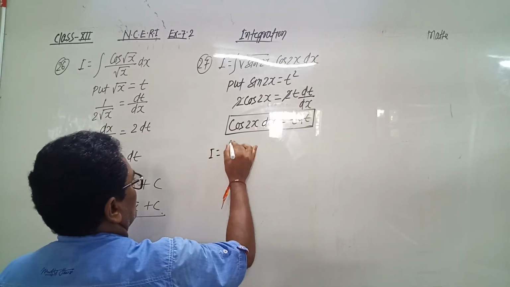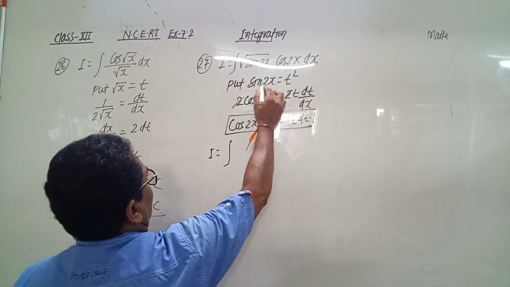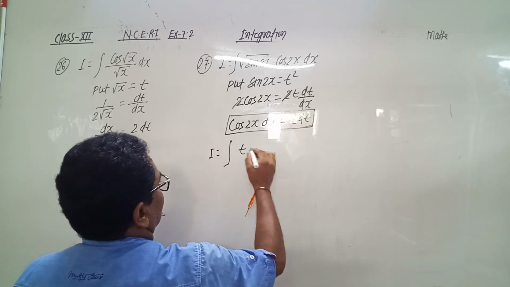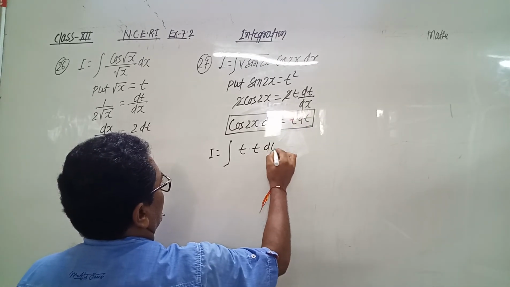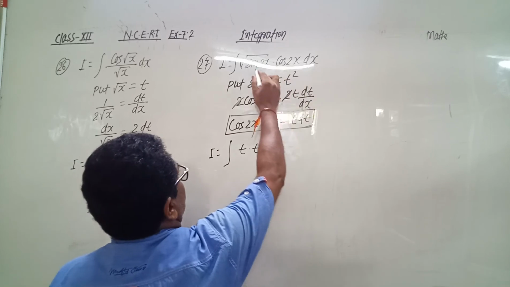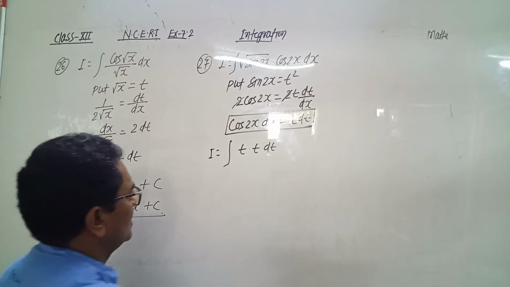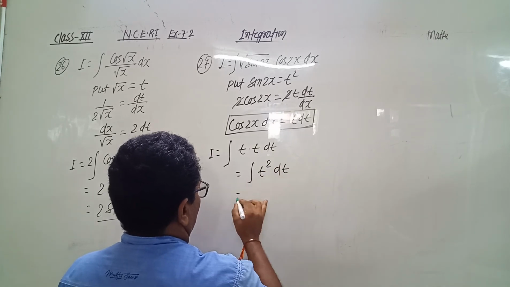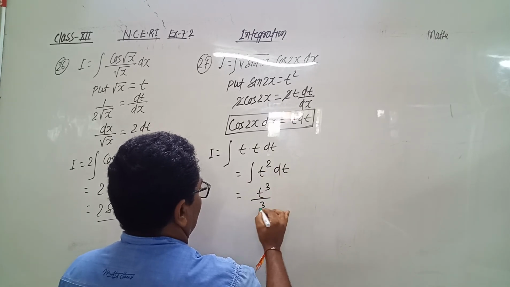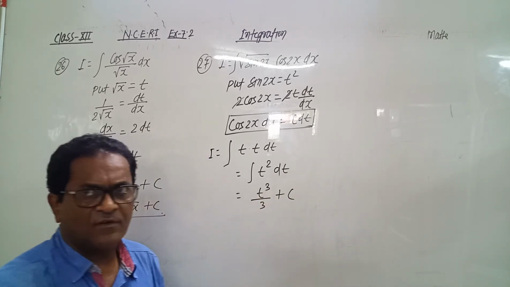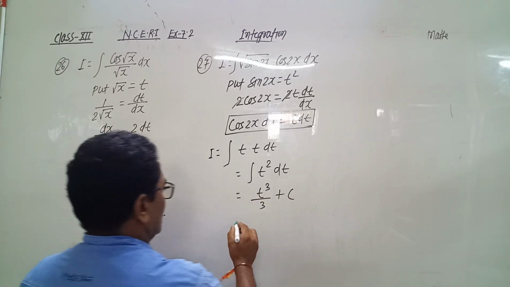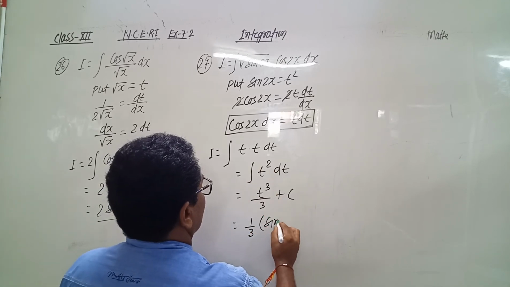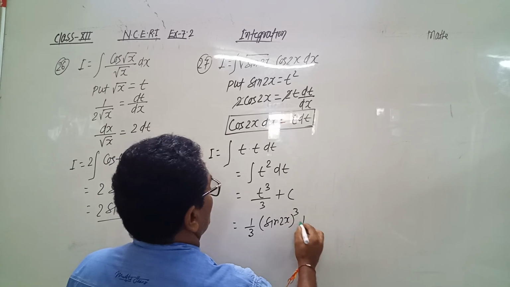So I equals integration of root sin 2x, which becomes t, and cos 2x dx is t dt. So this becomes integration of t square dt, and its integration is t cube by 3 plus c, using the form x raised to the power n. Put the value of t. The value of t is root sin 2x. So (sin 2x) the whole raised to the power 3 by 2, divided by 3, plus c.